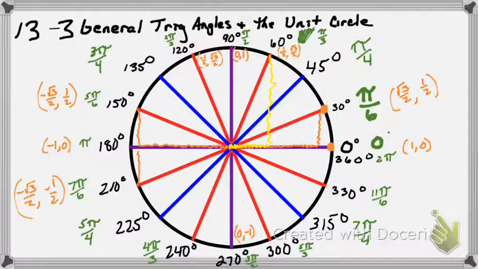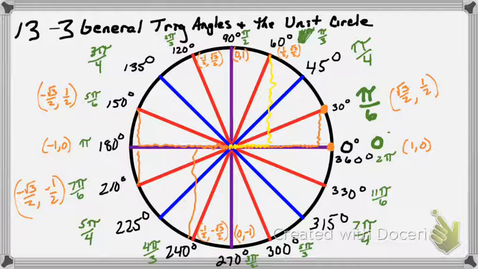I want you to write the coordinate for 240. All right, we should be going negative short, negative long for 240, and that is negative 1/2, negative root 3 over 2. Did you have that correct?